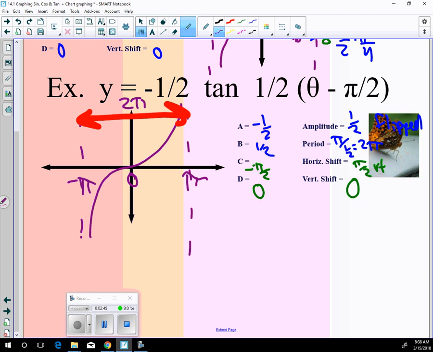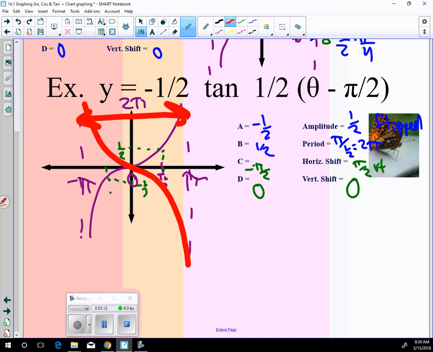I think that's the only tricky part. And then if you go in the middle, pi over 2, up and over, the amplitude is going to be what? 1/2. And you could do that down here too, negative 1/2. And this negative just means that it shifted like that.